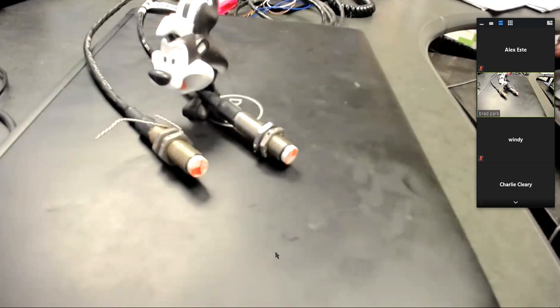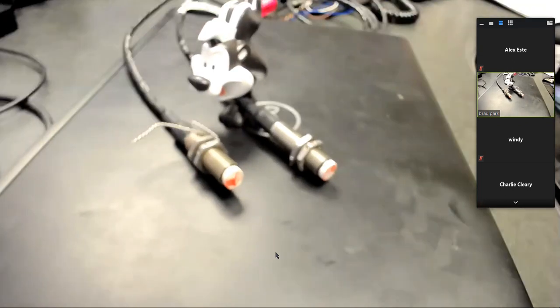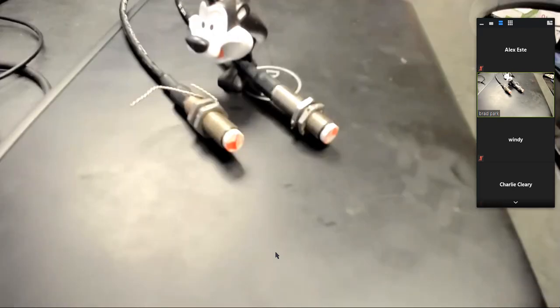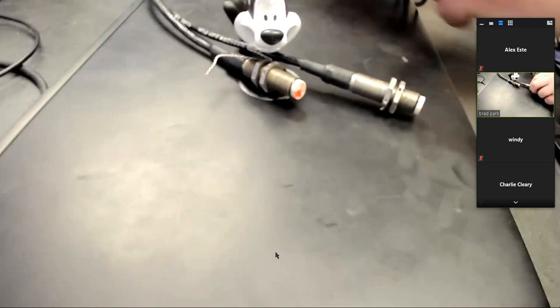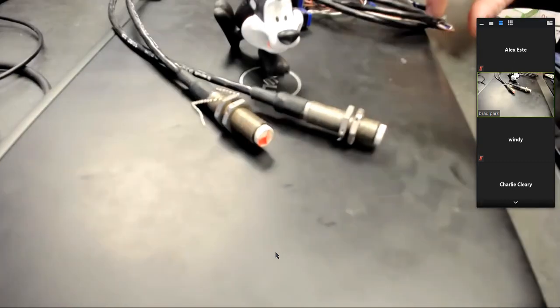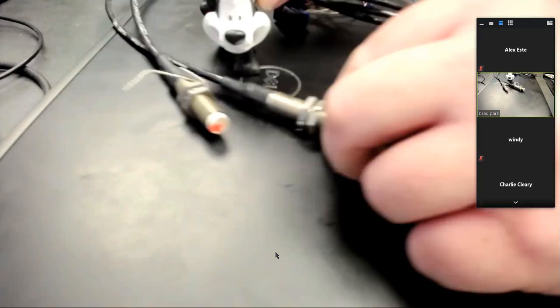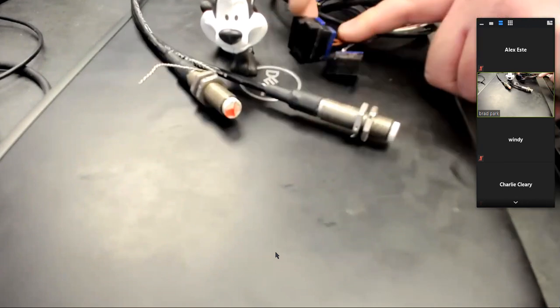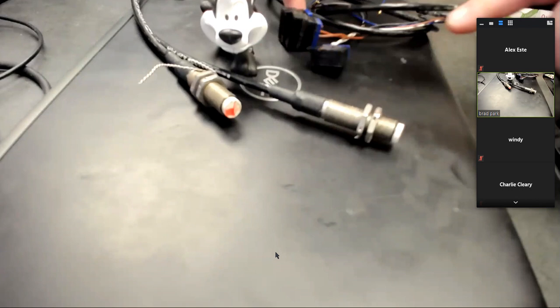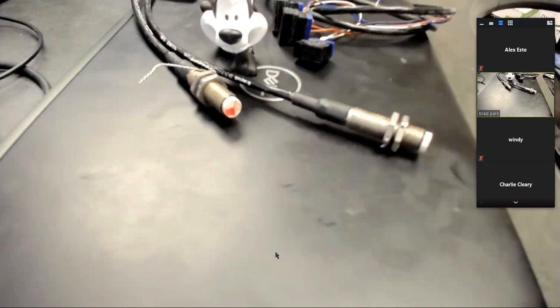So my friend Pippi has some nice proximity switches for you to see. Again, you have adjustable threading at the front of the sensor. In this case, they're using that Deutsch system, which is blocks.